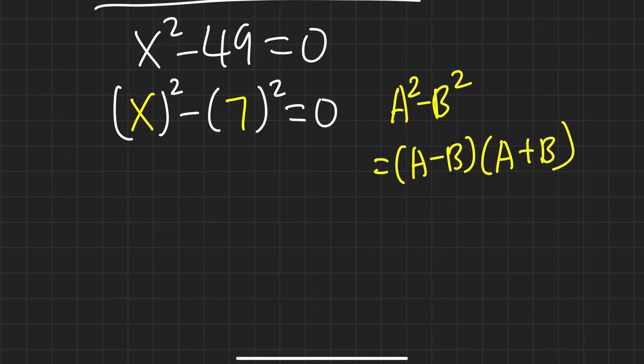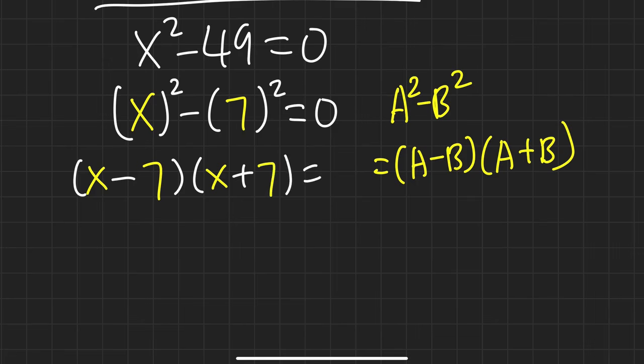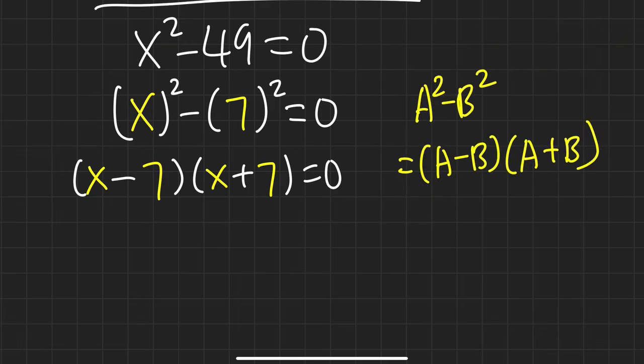So in this case, we will have x minus 7 times the second factor, x plus 7. Again, we use the difference of 2 squares formula right here.